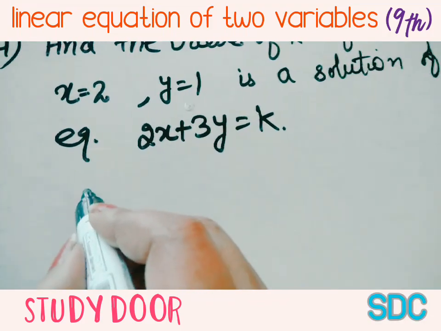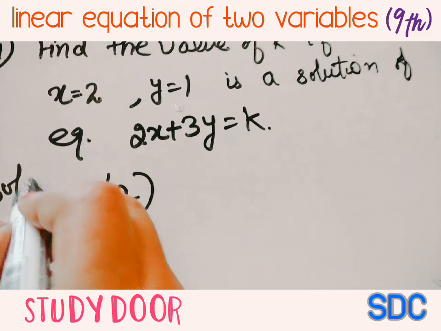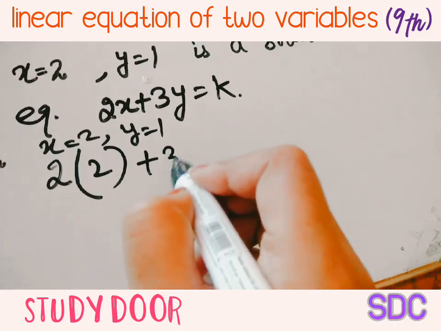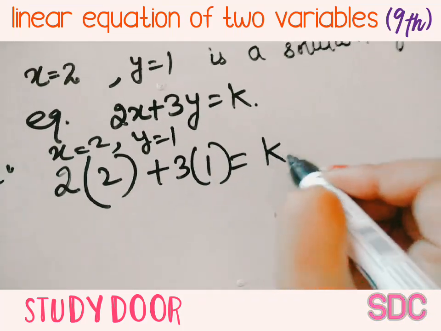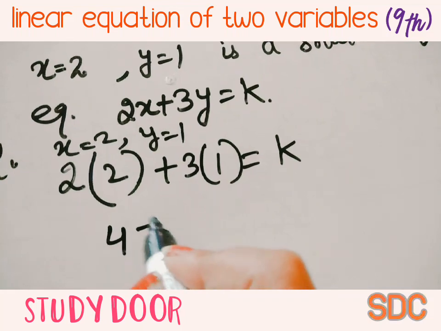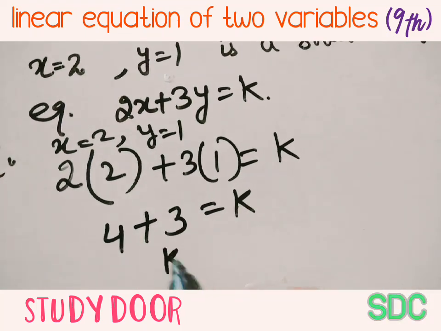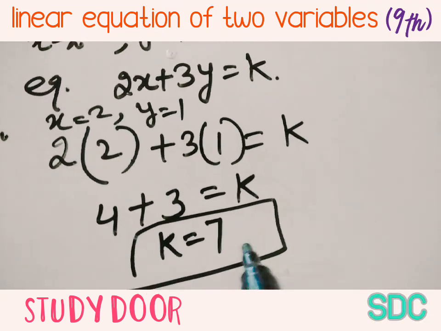So we can write 2, the value of x will be 2. Put x is equal to 2 and y is equal to 1: 2 into 2 plus 3 into 1 is equal to k. 2 into 2 is equal to 4. 3 into 1 is equal to 3. The value of k is equal to 4 plus 3, that is 7. This is our answer.